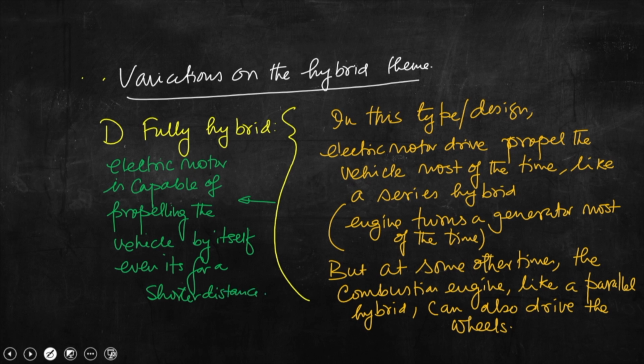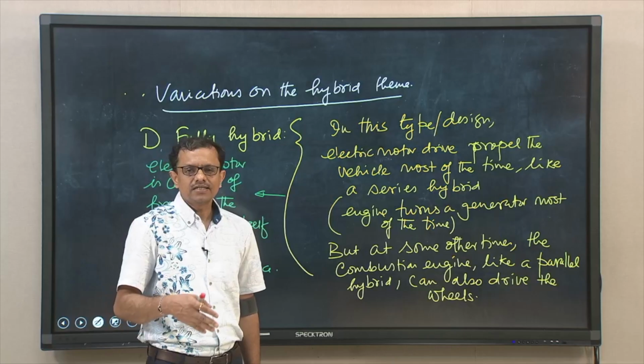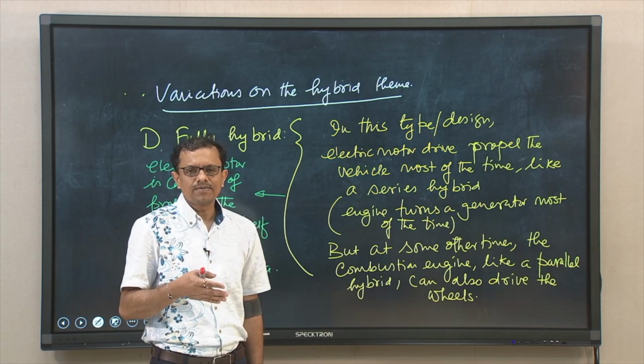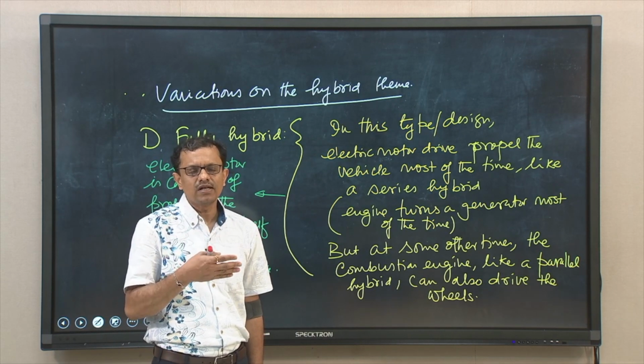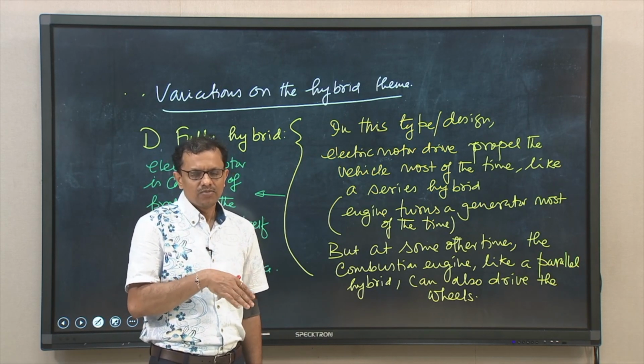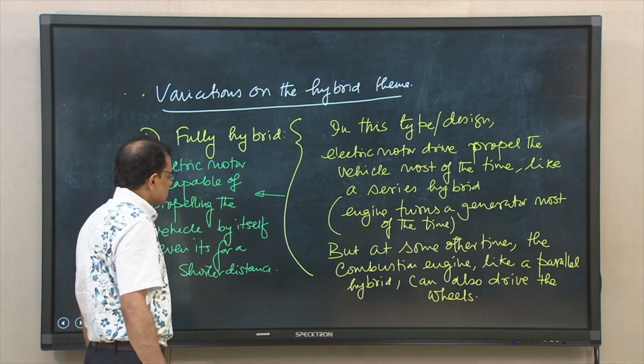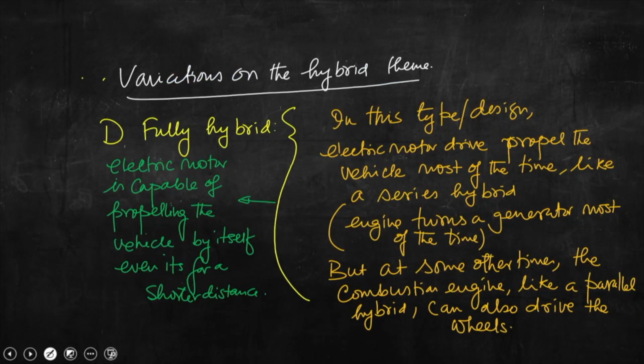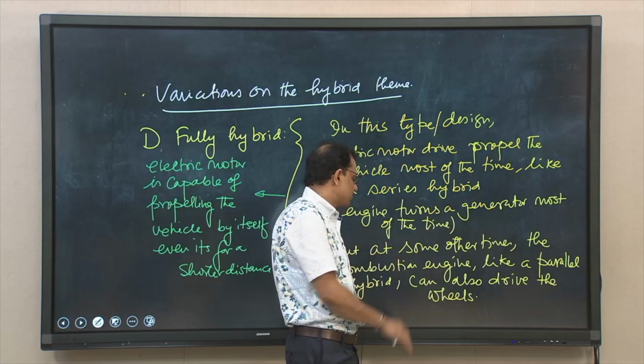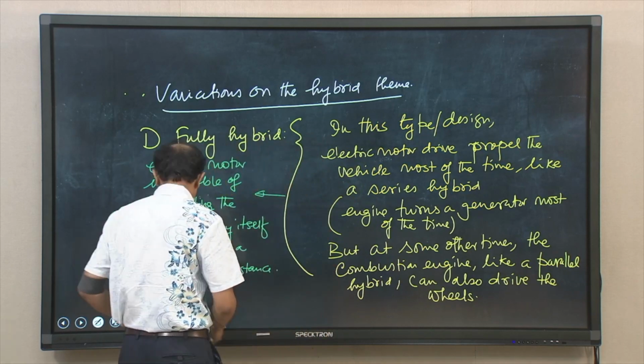Okay. So, this is full hybrid, that means the electric motor itself is capable of propelling the vehicle most of the time, and sometimes you can also connect the combustion engine like a parallel hybrid to drive the wheels. Okay. Next we shall be discussing not full hybrid, but what is called mild hybrid.